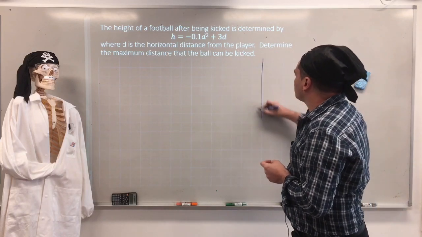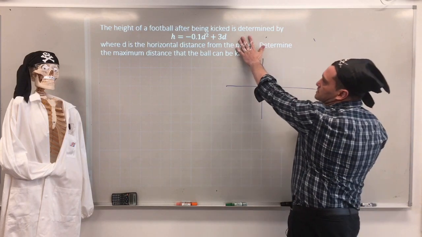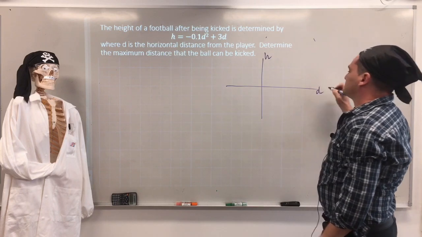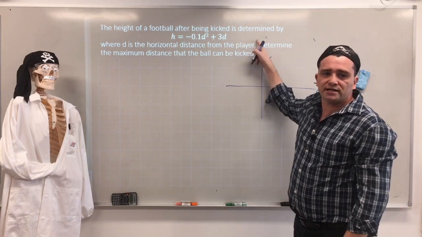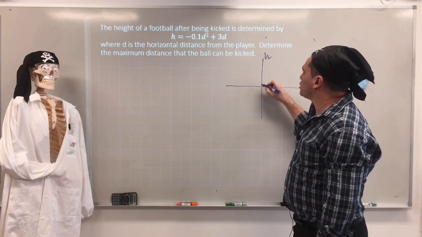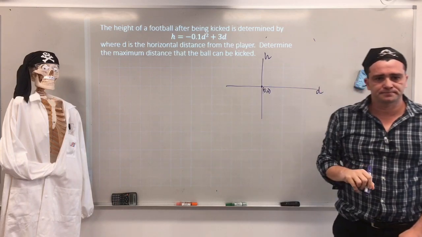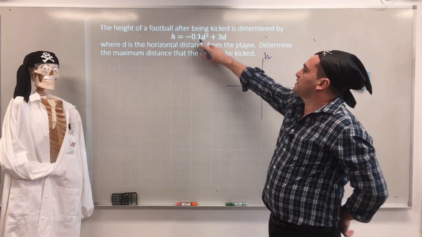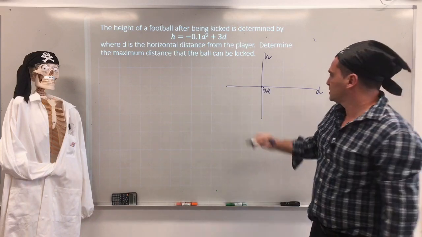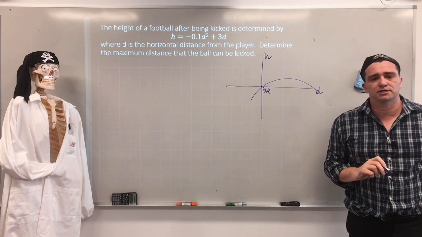So in terms of doing a quick sketch, our height is here and our distance is here. We've got no c value at the end, so we know we've got a y-intercept of 0. We've got a negative a value, so we know it's going to be a frowny face.